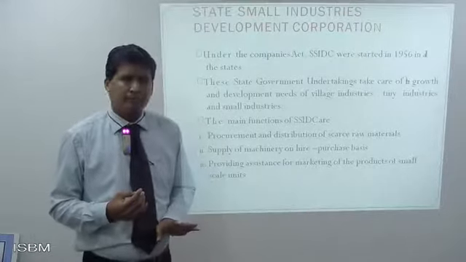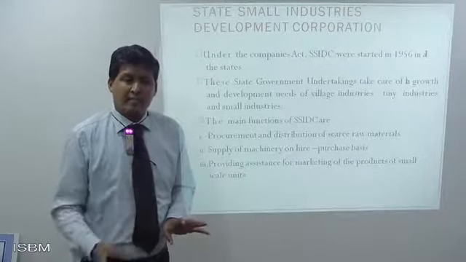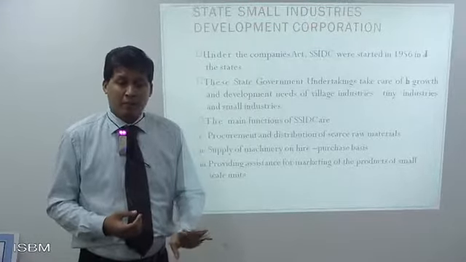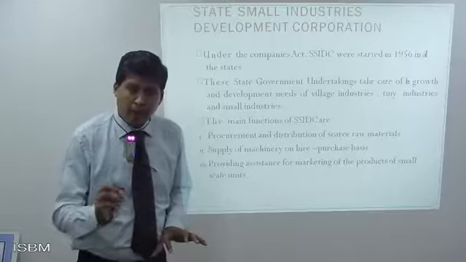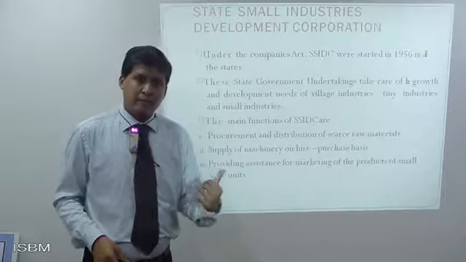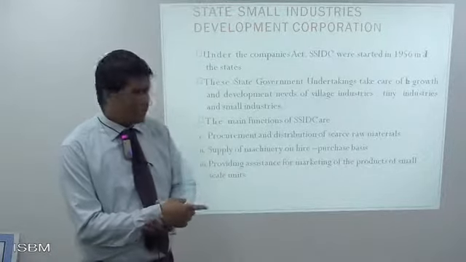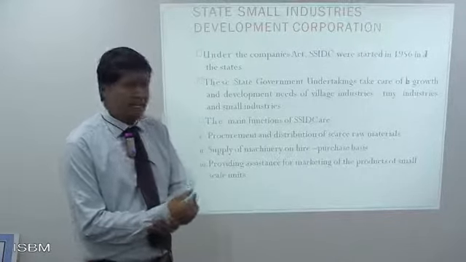For example, it could be artisan, carpentry, it could be a household business like poultry, it could be papad, achar. All that stuff is very local and is taken care of by this body. The main function of SSIDC is procurement and distribution of scarce raw material.